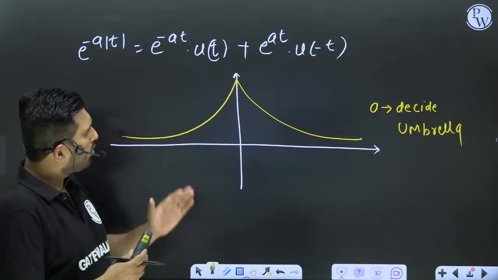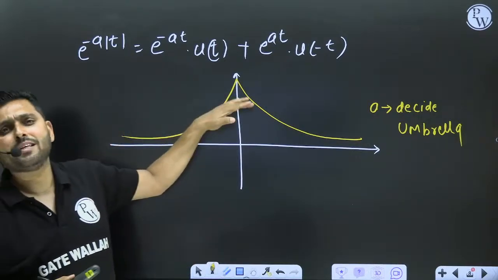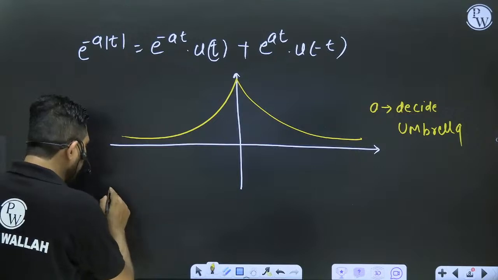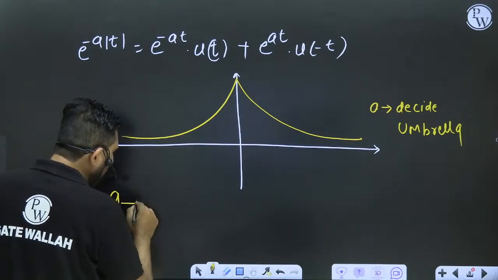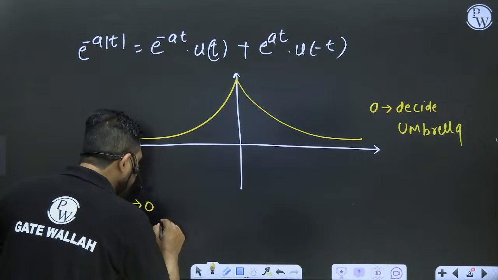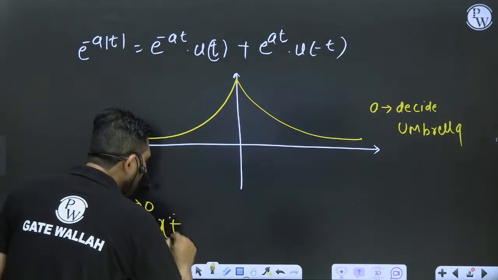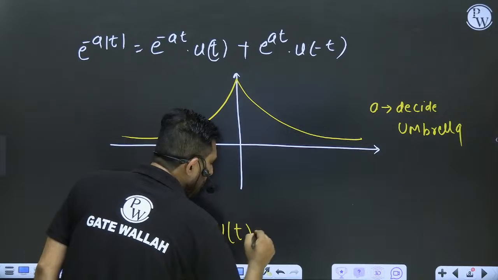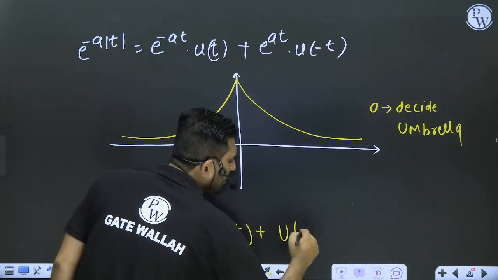Suppose you reduce a to be tending towards 0. If a approaches 0, then the same x(t) becomes u(t) plus u(minus t).